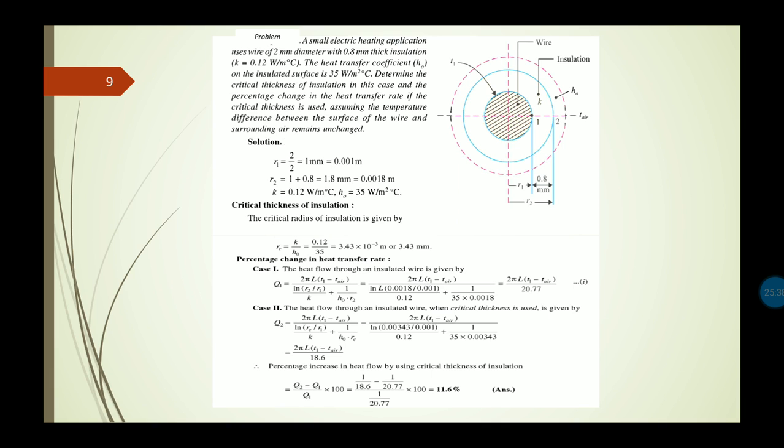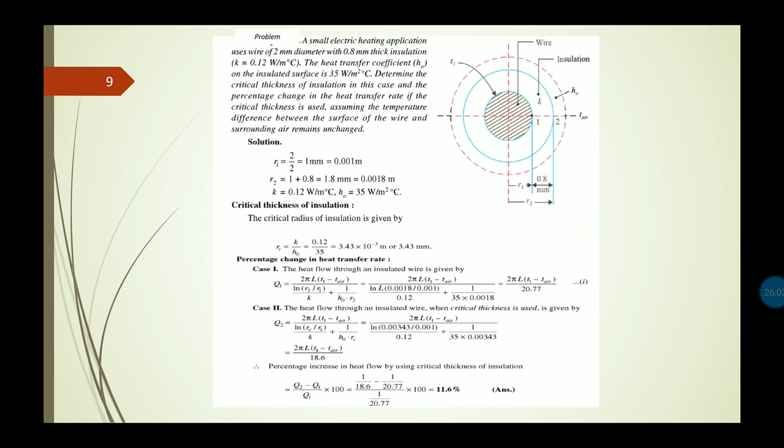Now we need to find the percentage change in the heat transfer. To calculate the percentage change in the heat flow using the critical thickness of insulation, the formula will be Q2 minus Q1 divided by Q1 multiplied by 100. This is the formula for the percentage change in the heat flow.